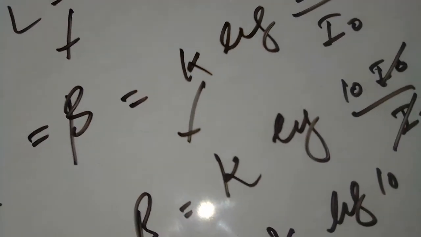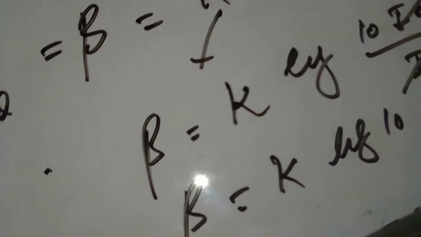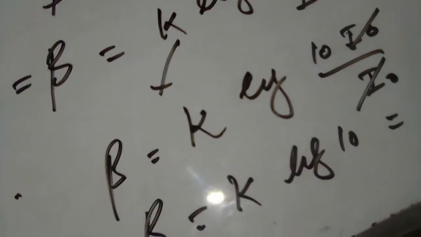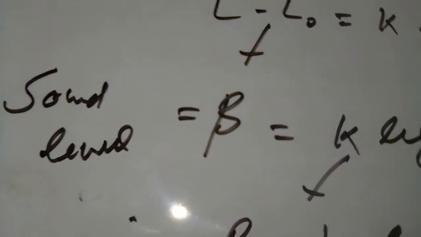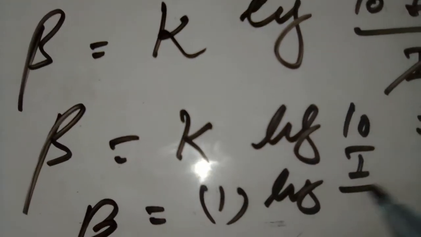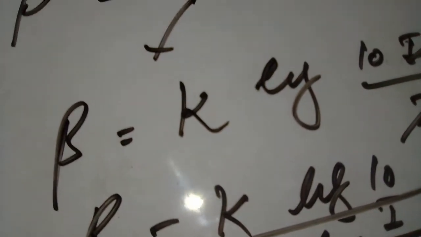Now putting the value of K equal to 1 in equation 1, let's say this is equation 3, we get beta is equal to log of I divided by I naught.